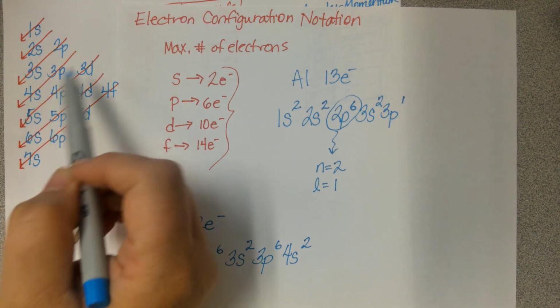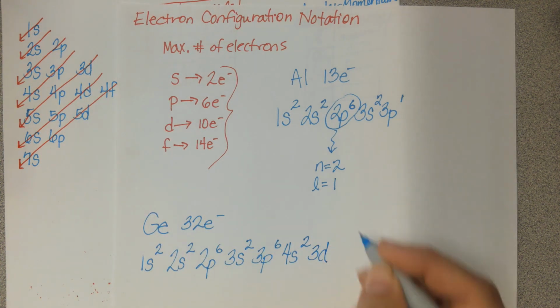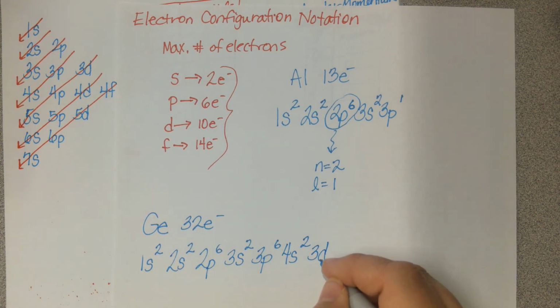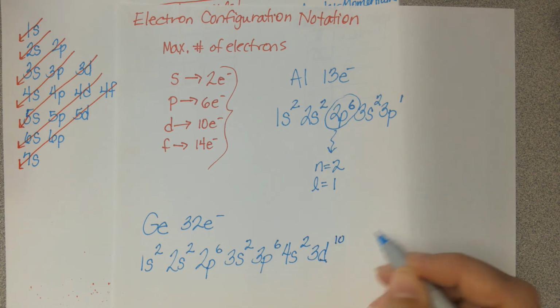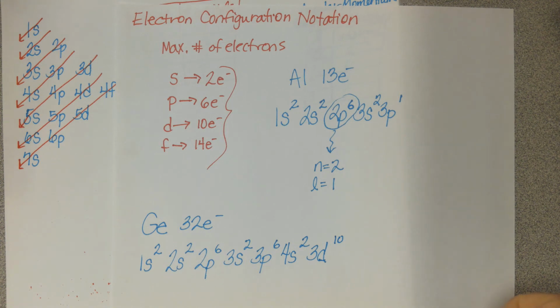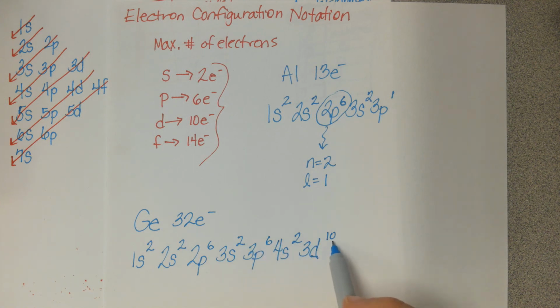After 4s, we go to 3d, and a d sublevel has 5 orbitals, 2 electrons each, gives us 10 electrons. Now, we need to know how many electrons we've used. 2 and 2 and 6, there's 10. 2, 6, and 2 is another 10, that's 20, and this 10 makes 30. So I just need 2 more.